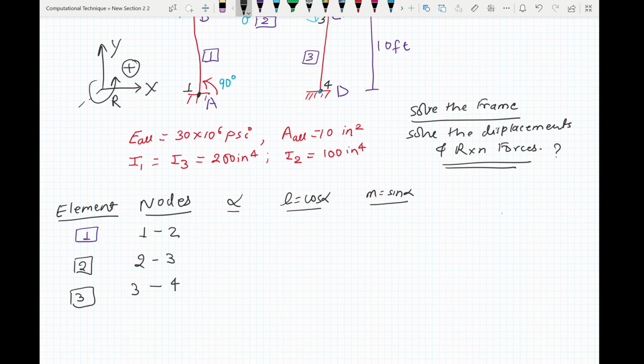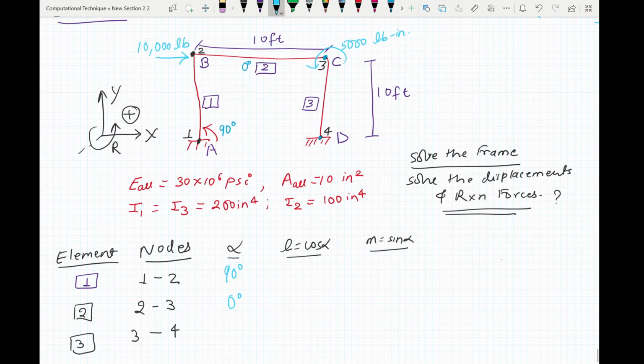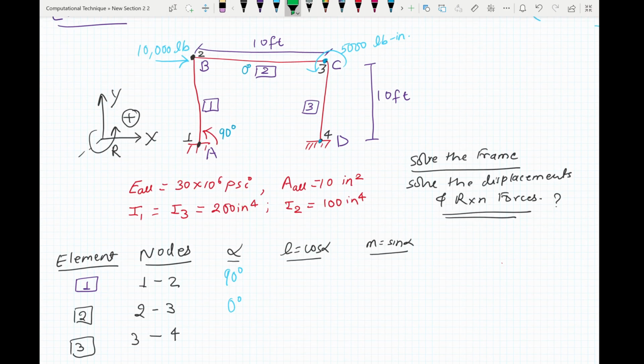So this is your direction of the element orientation, or local orientation of the element. Now alpha for element 1 is 90 degrees, for element 2 is 0 degrees, but for element 3 you have to get the angle from here like this, which equals 270 degrees.